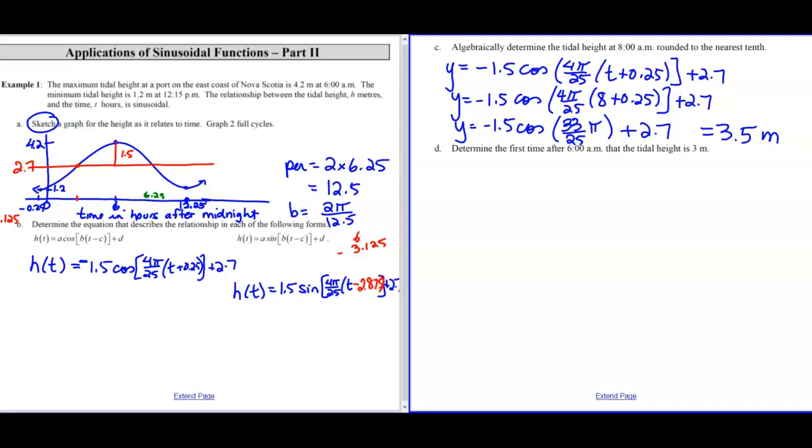Determine the first time after 6 a.m. that the tidal height is 3 meters. So, determine, it doesn't say algebraically, so say what we're graphing. So, either one of these, right? So, y1, maybe you want to, we'll do it with this one just for fun.